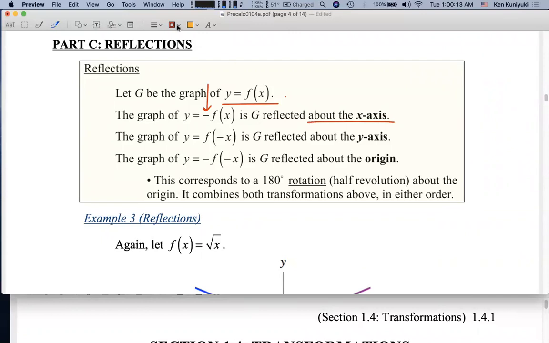To reflect about the y-axis, you do a substitution, that S word, substitution. We substitute x with its opposite. And to reflect about the origin, you do both.